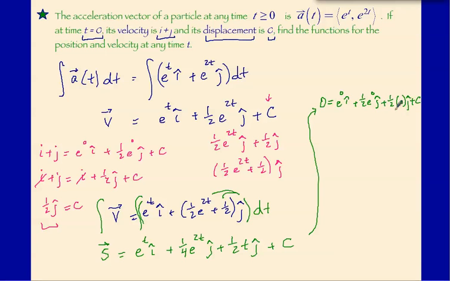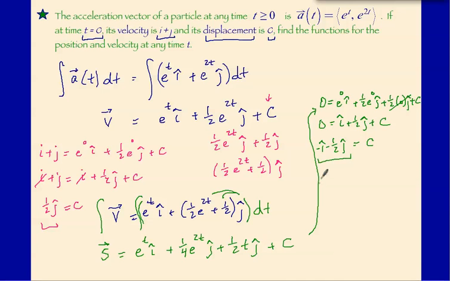Okay, we're not really going to worry about that term since that's 0, but now I have 0 is equal to i hat plus 1/2 j hat plus c. Now when I subtract those over to solve for c, I get negative i hat minus 1/2 j hat. Okay, this is my constant of integration for the position function.